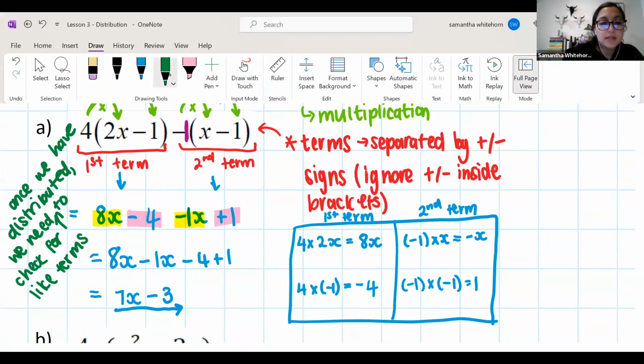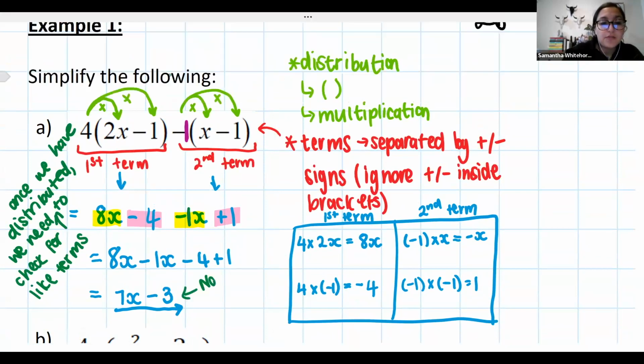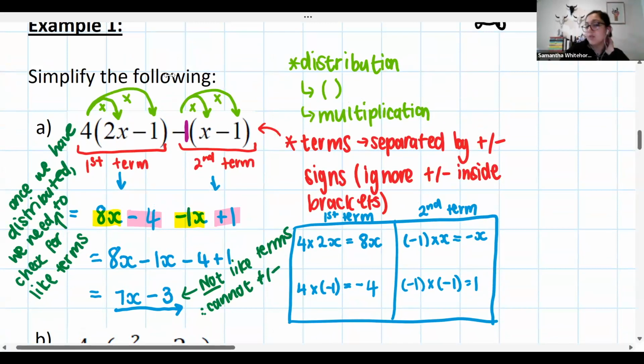So just a reminder, if the terms you're working with are not like terms, you cannot add or subtract them. And because 7x and minus 3 are not like terms, that is where we stop. Our expression is now simplified.